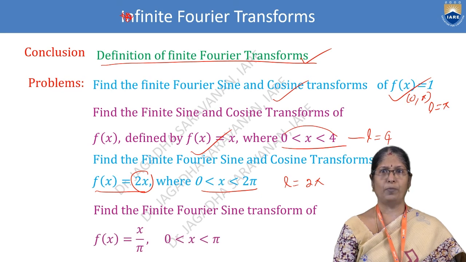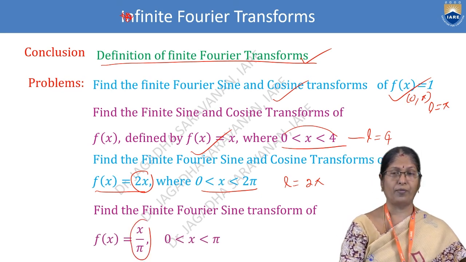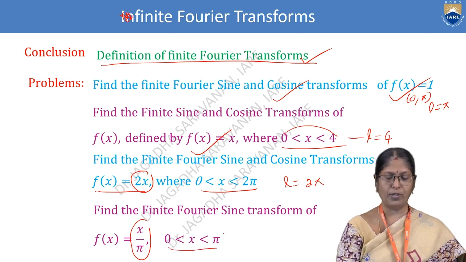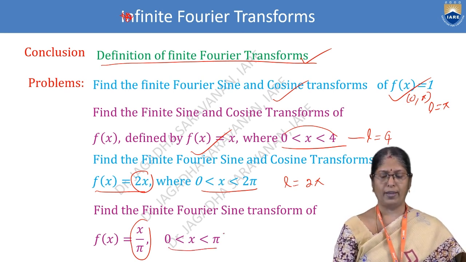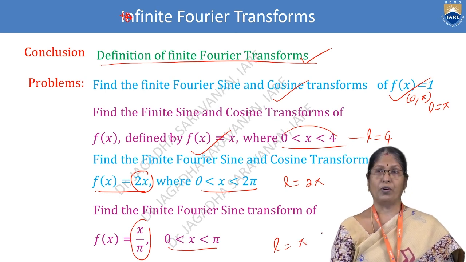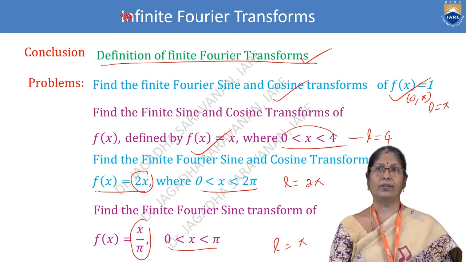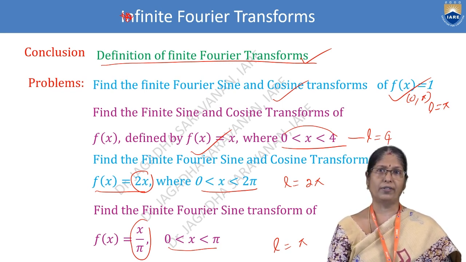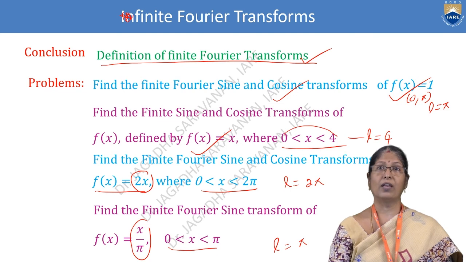The last problem, f of x we have taken as x by pi, where x lies between 0 to pi, and L is playing the role of pi. So in the finite transform, the limits are finite. In detail, we discussed these 4 problems.